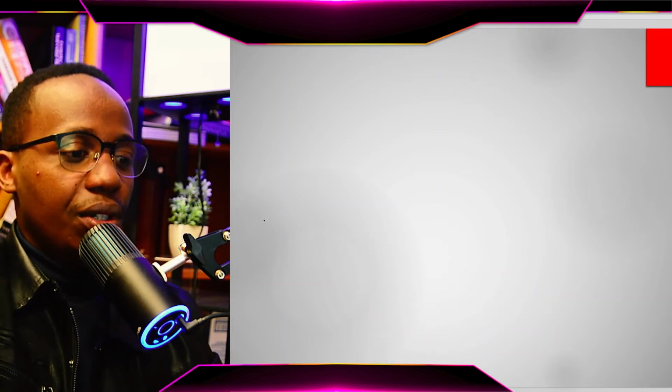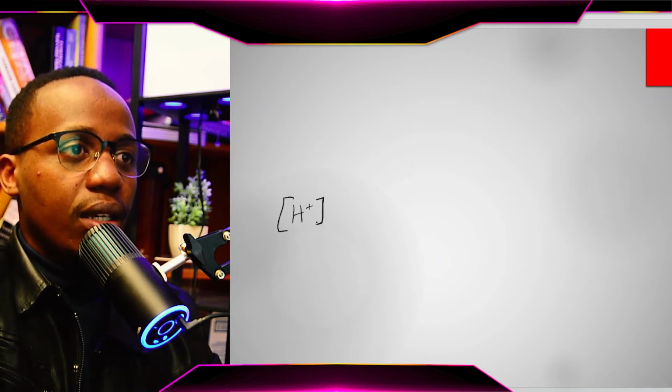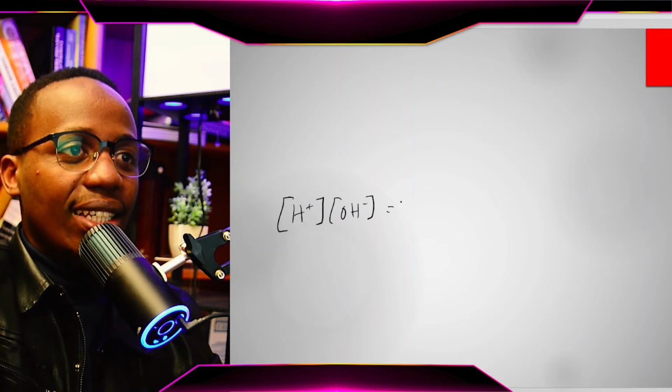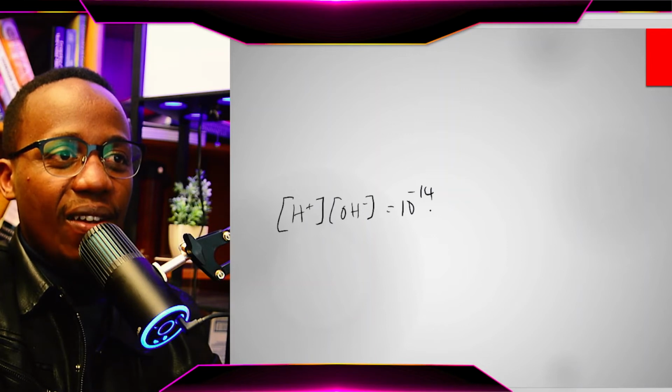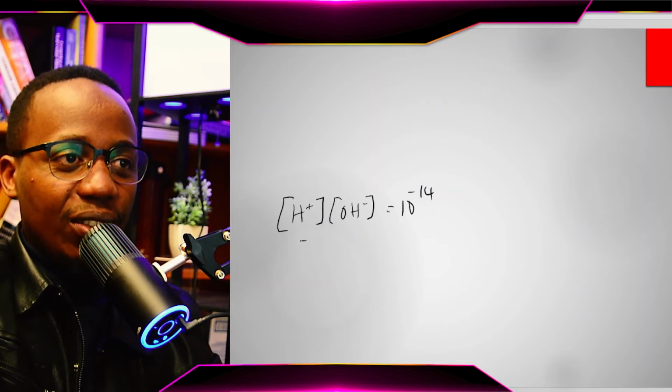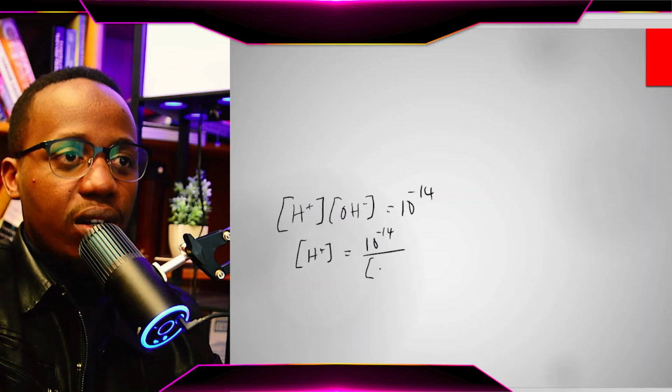Let me show you. If the concentration of H plus times the concentration of OH minus is equal to 10 to the negative 14, then the concentration of H plus is equal to 10 to the negative 14 over the concentration of OH minus.